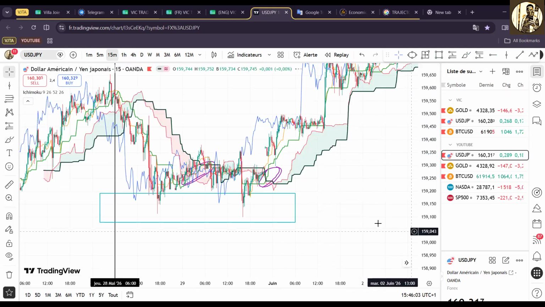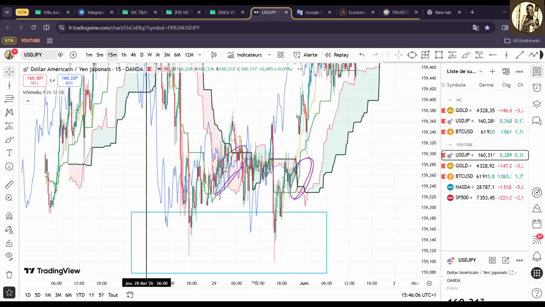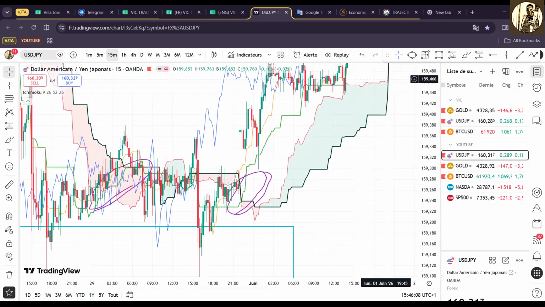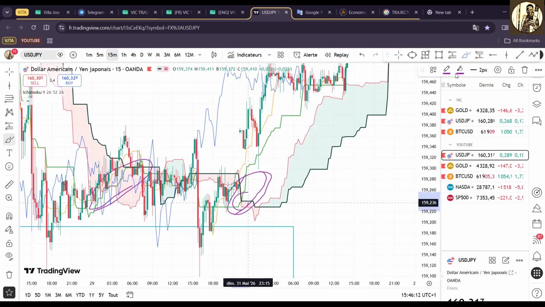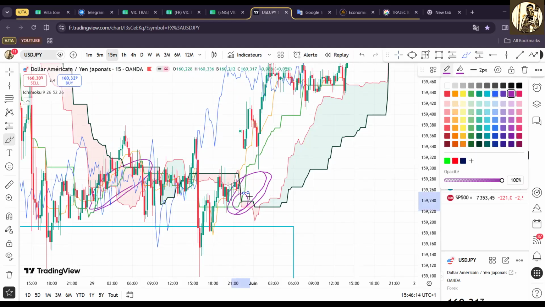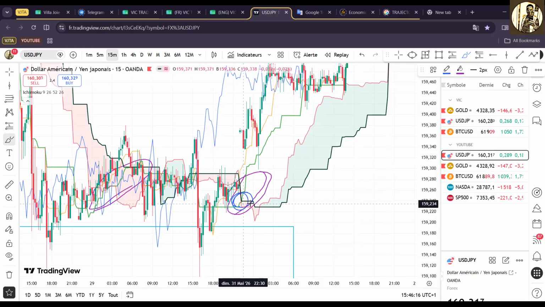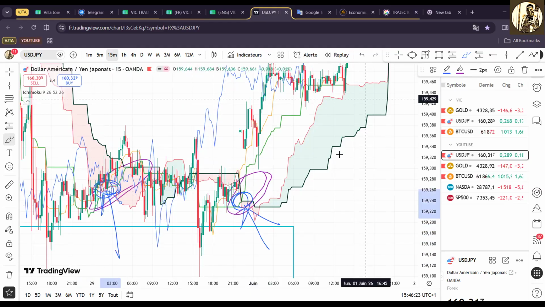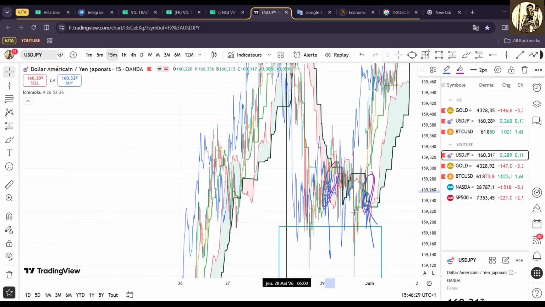And on 15 minutes, when SSA crosses with Kijun here, that is the best time, even here. SSA crossing with Kijun toward the upside. It's the best time to buy a Kijun. Best moment, because it has a strong power.